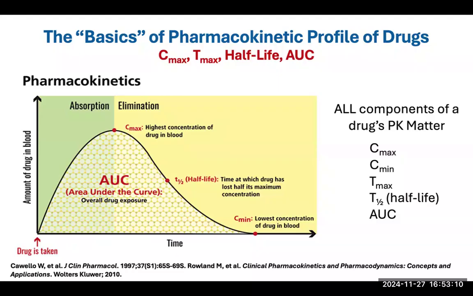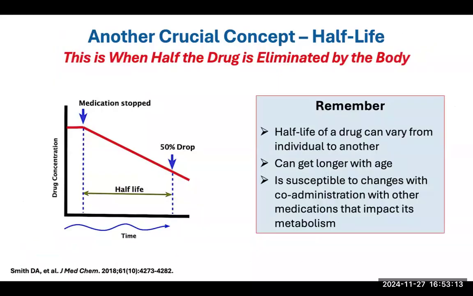So half-life, again, is really critical because not all drugs have the same half-life, as you know. And the idea of half-life is how long it takes for that drug to drop by 50% in the bloodstream. As we age, that time tends to get longer as it takes longer to metabolize and eliminate the drug.